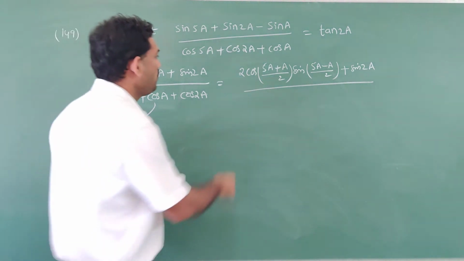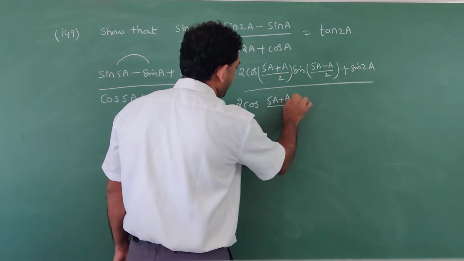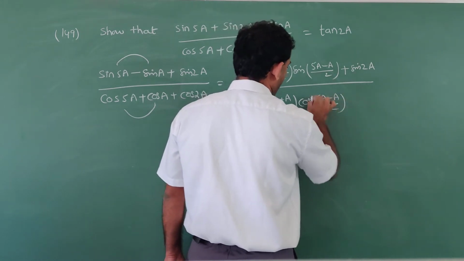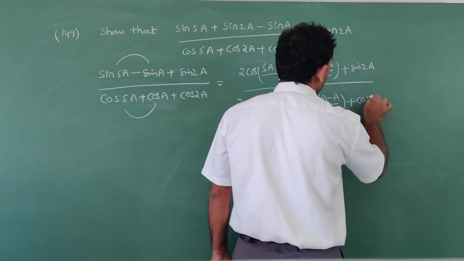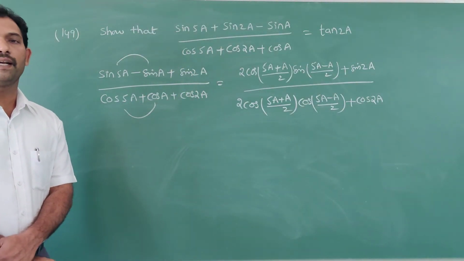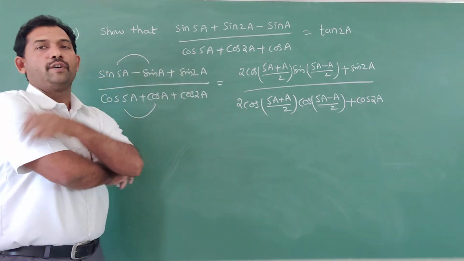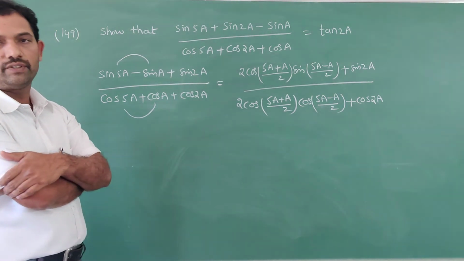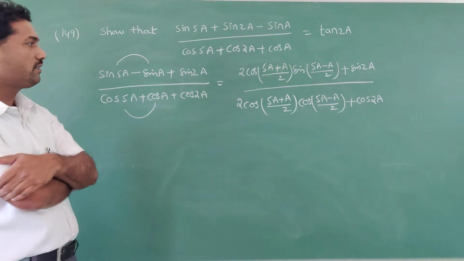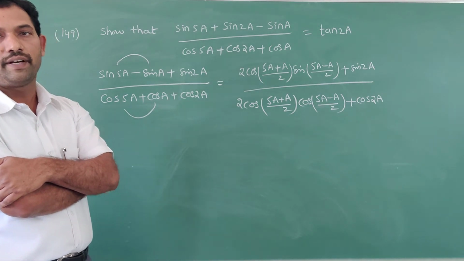The formula is 2 cos((5a+a)/2) cos((5a−a)/2) plus cos 2a. Understand? We applied the transformation formulas. Numerator: 2 cos((5a+a)/2) sin((5a−a)/2). Denominator: 2 cos((5a+a)/2) cos((5a−a)/2).